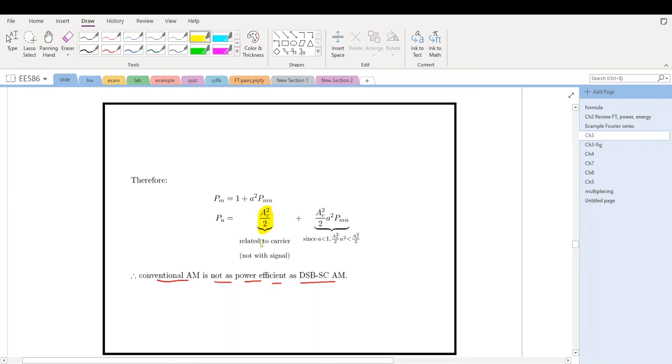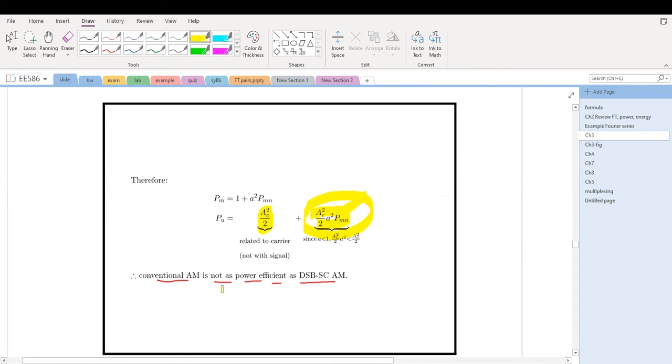This portion is related to the power to transmit the carrier, plus this portion: Ac squared multiplied by a squared and P_mn. And P_mn is the power contained in the normalized message. So this portion is the power spent in transmitting the message.